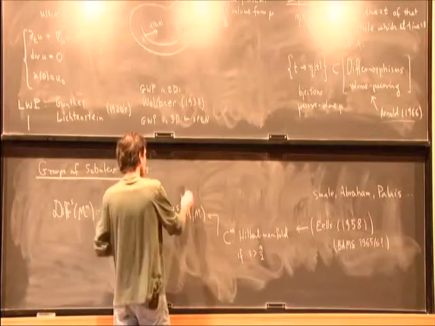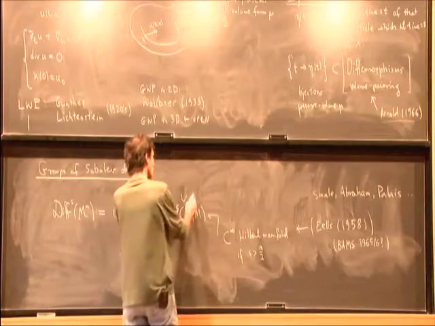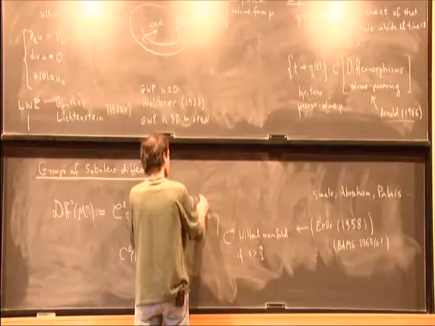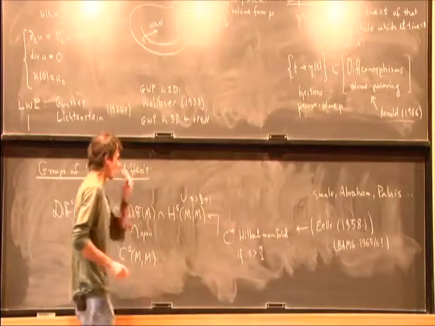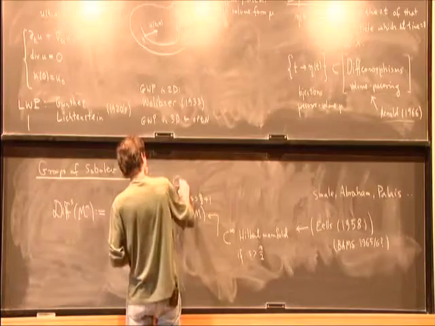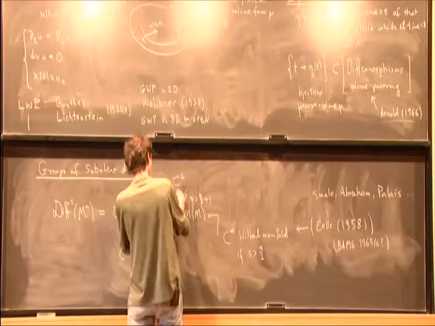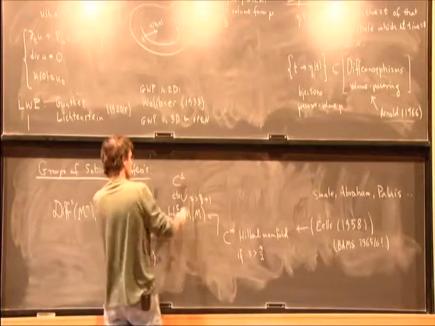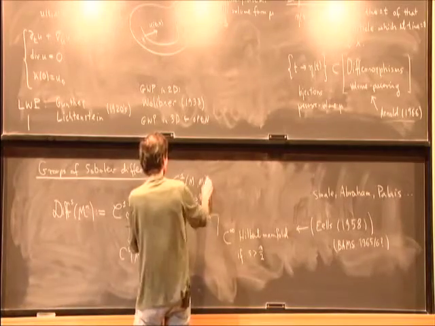So if s is greater than n over 2, this is a smooth Hilbert manifold. Then if we require a little bit more of s, namely that s be not just greater than n over 2 but greater than n over 2 plus 1, then using the Sobolev lemma again, we can consider a continuous inclusion of this space in the space of C1 maps.